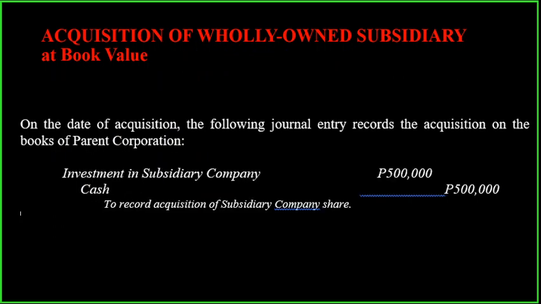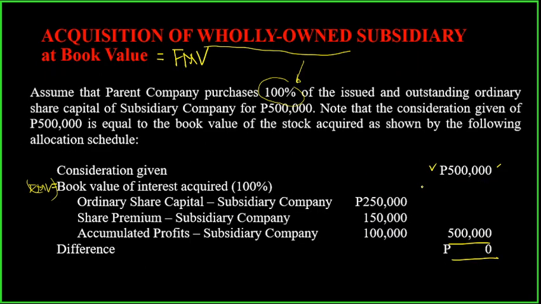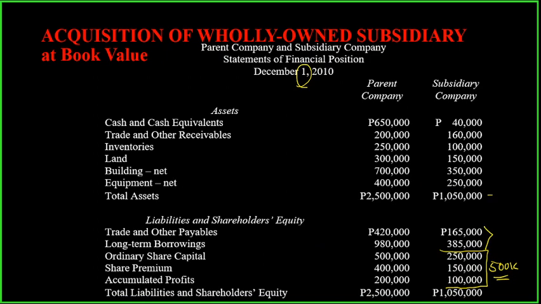Okay. What will be the journal entry that will be found in the books of the parent? Okay. One very simple entry that will be a debit to investment in subsidiary and credit cash. Okay. So in the books of the parent, you will now have a new asset which is 500,000 and your cash will be reduced by 500,000. If you go back, your cash and cash equivalents is initially recorded at 650 and there is no investment in subsidiary.